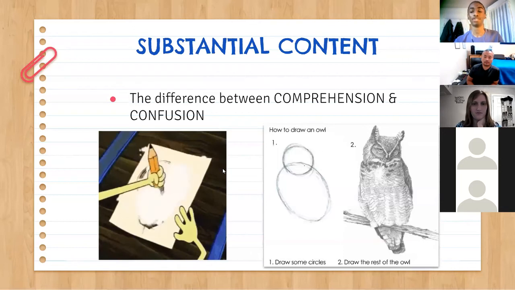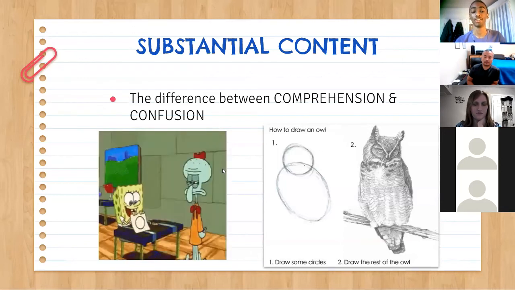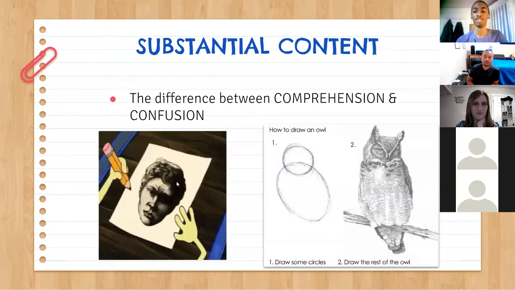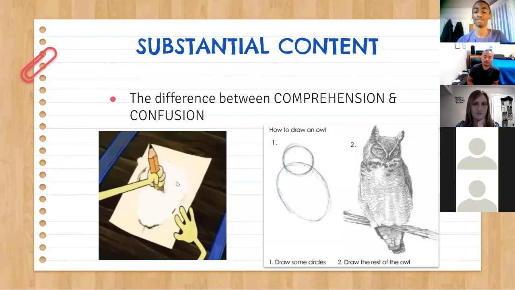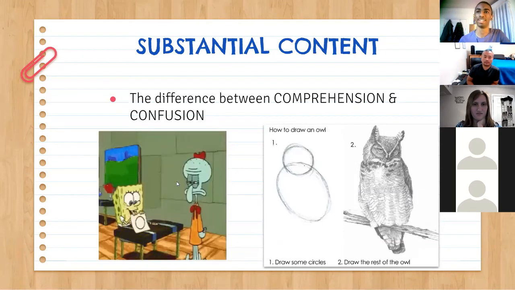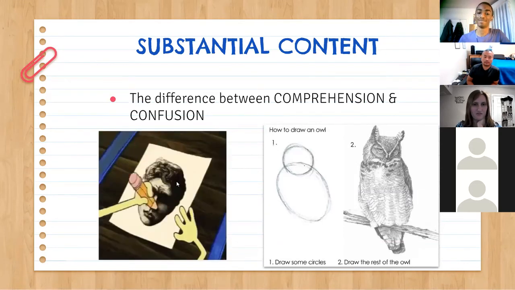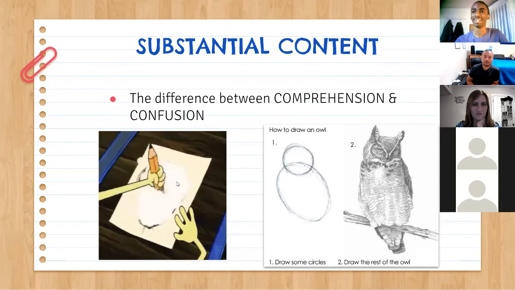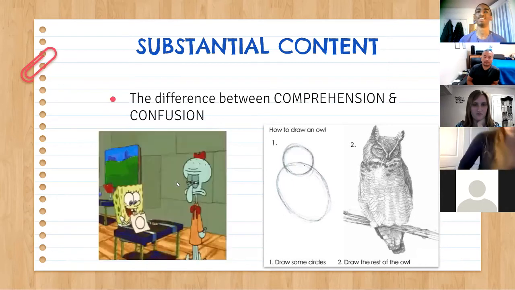And substantial content is the next thing that good instructions need. Because if you don't have good content, everything falls apart. If you tell somebody, oh yeah, just do it, like you know how to do it, like it's that easy, they're not going to get the hang of it. I actually had a situation like that yesterday where I was talking with someone about this.